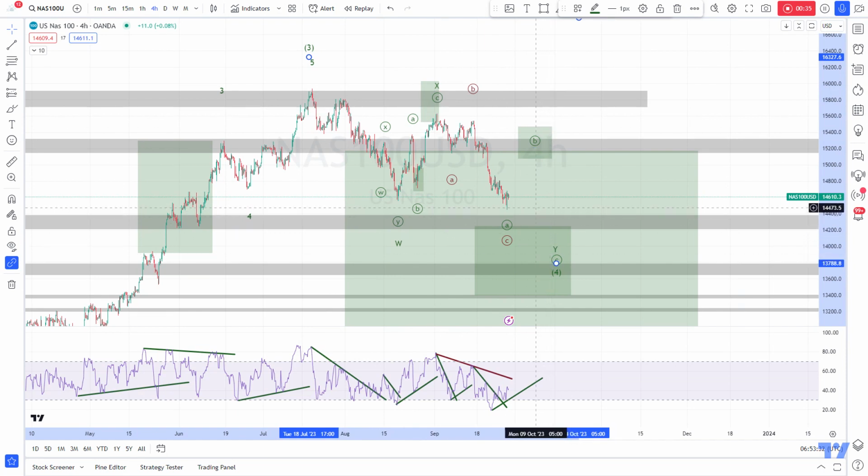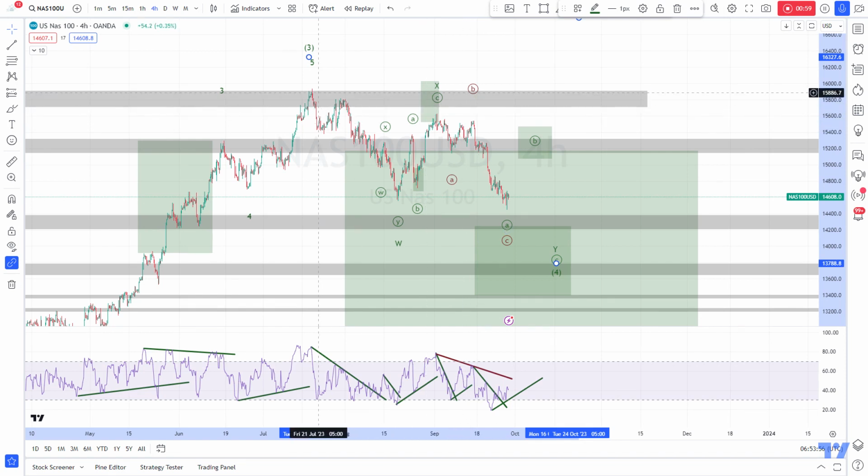And so, for the moment, the wave 4 can actually be finished. So we took out this wave W low, and then we are here in the scenario in red. It's actually my secondary scenario.